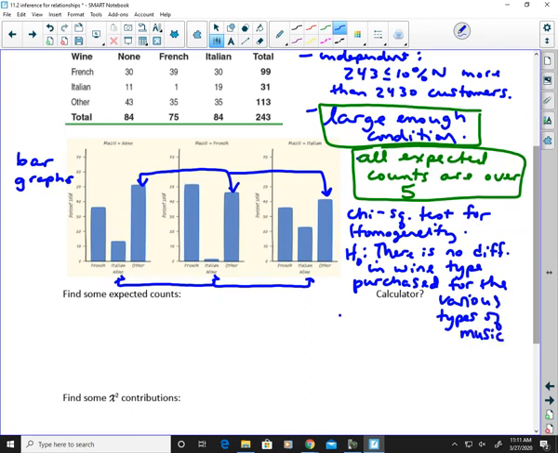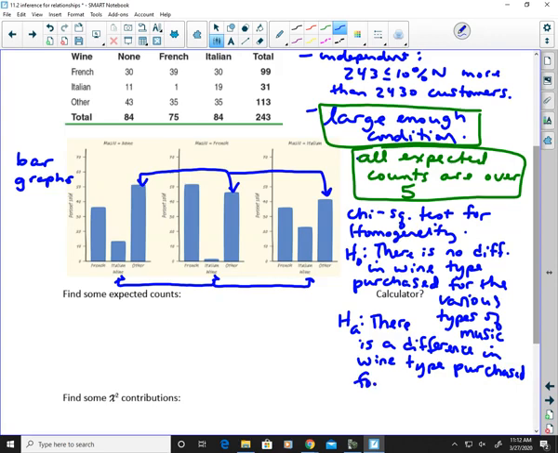And that I am going to compare to my alternative, and the alternative is there is a difference in wine type. And looking at those conditional distributions from the bar graphs, I feel like there is for Italian.